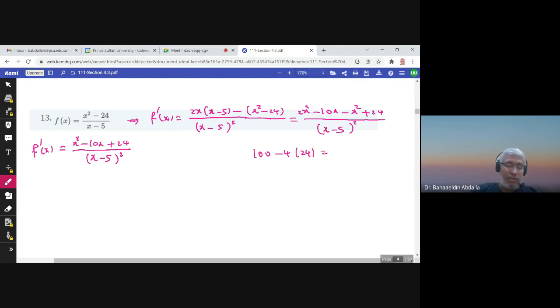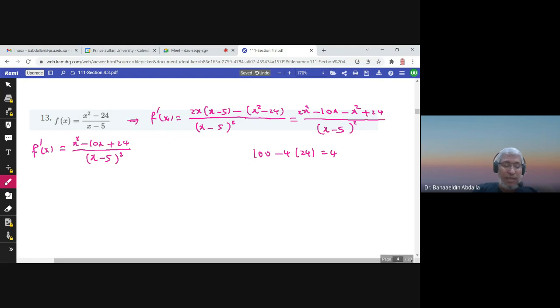Well, it is 100 minus 4 times 24. That's 4. So you will be able to factor this polynomial. It's easy to factor it actually.